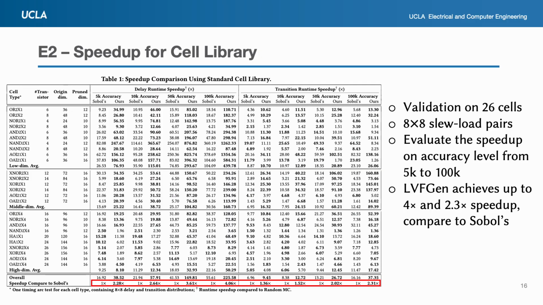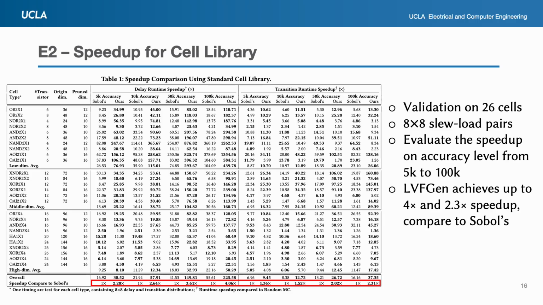In the second experiment, we validate the speed up for the LVF gene on the entire circuit library. We do the validation on 26 different circuits with the same timing arc and 8x8 different slew load pairs.